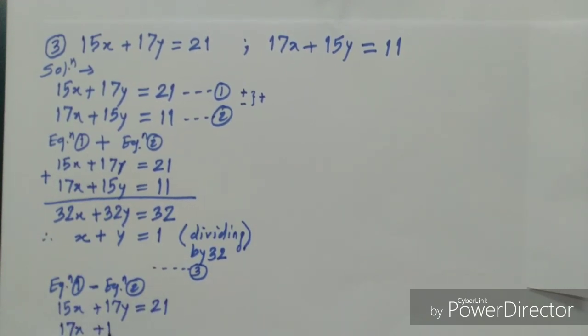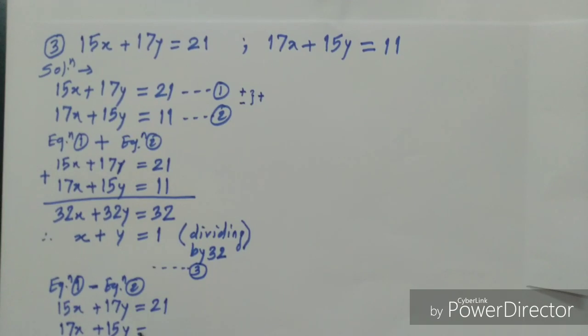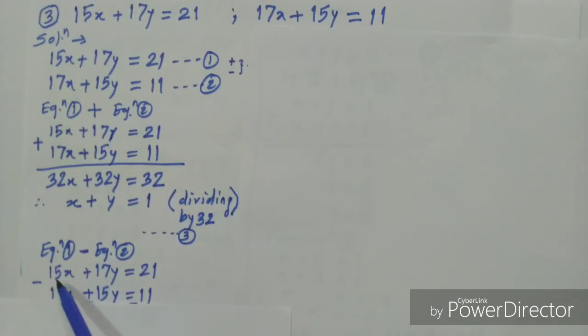First equation, then second equation we write here. In subtraction, signs are changed: plus becomes minus, plus 15 becomes minus 15, and plus 11 becomes minus 11.